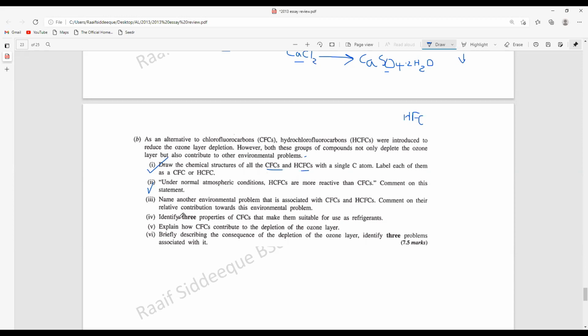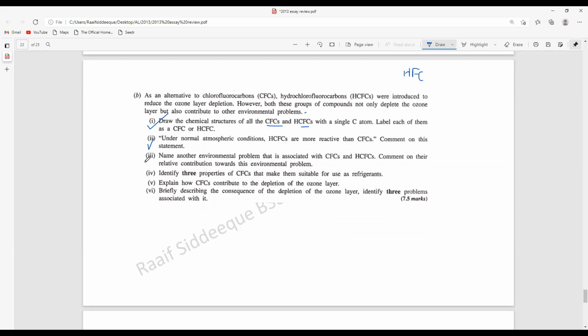So the contribution from CFC is higher than HCFC because of the lifetime difference. The environmental problem is global warming, because these two are greenhouse gases. You can explain that they affect the greenhouse effect and cause global warming. And when comparing the contribution, you can mention the lifetime. Okay.